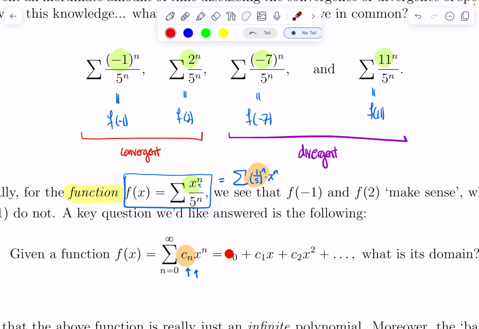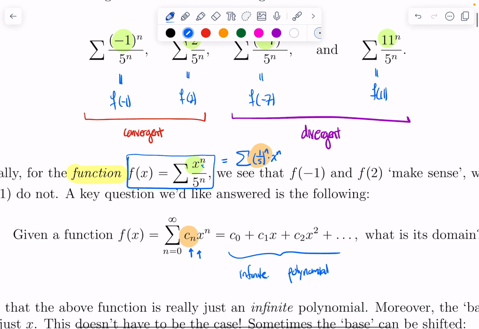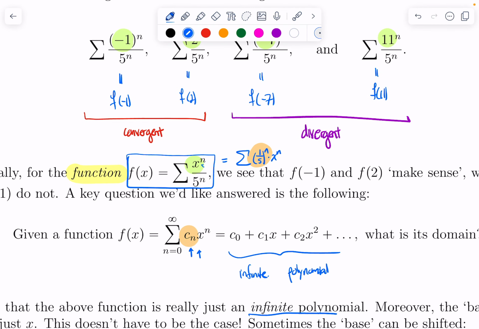If I write this object out, now I have c0, c1, c2, etc. These x's seem to suggest that this construct that we've just built here seems to be a polynomial. But it's not just any polynomial, it's an infinite polynomial. And I note that right down here.